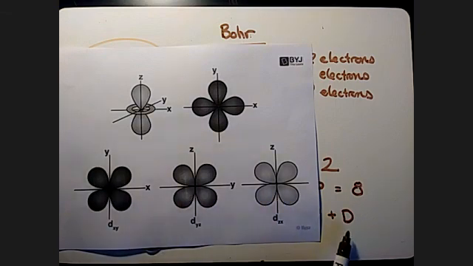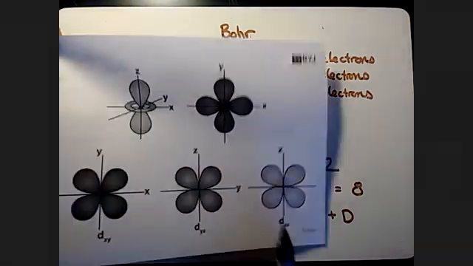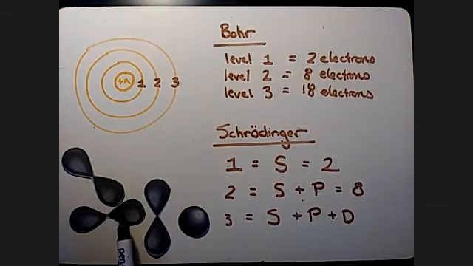So in each one of these D shapes, we hold 2. All told in D, there's 10. So that's 10, 11, 12, 13, 14, 15, 16, 17, 18. That's a total of 18 electrons in level 3.